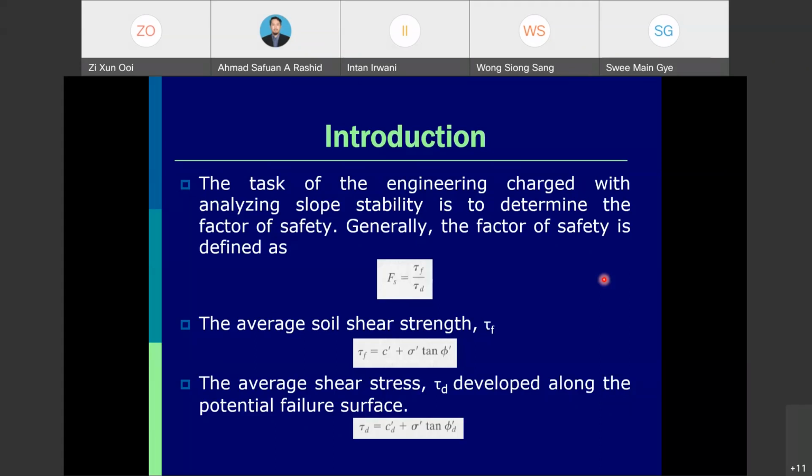However, we may use a different approach later on. This is just to relate using the Mohr-Coulomb approach. We also have the shear stress tau D. This is the shear strength, but this is the shear stress.